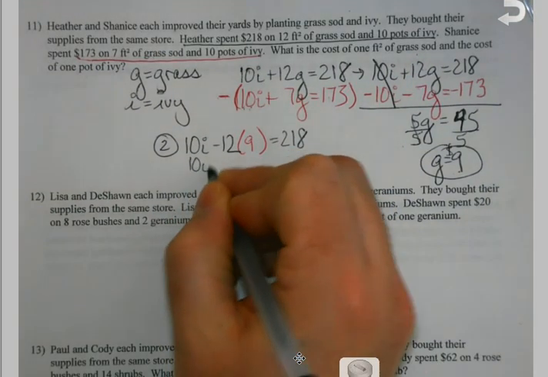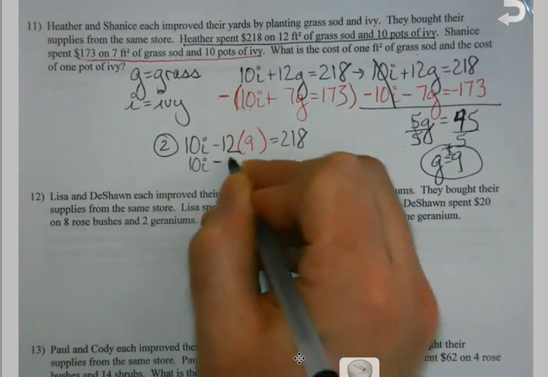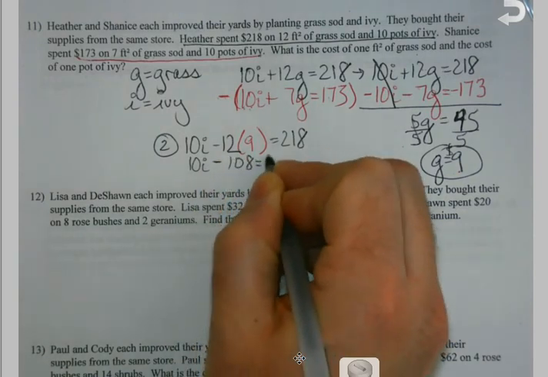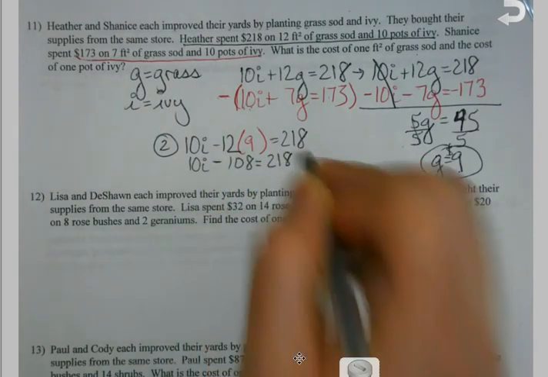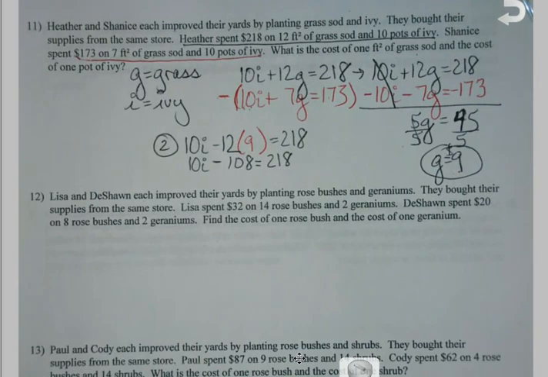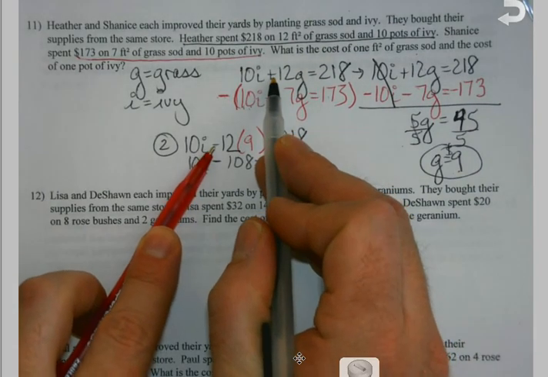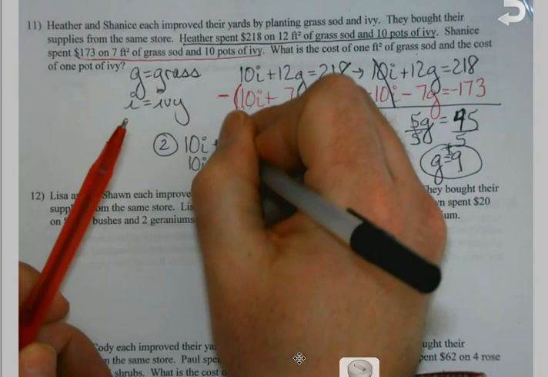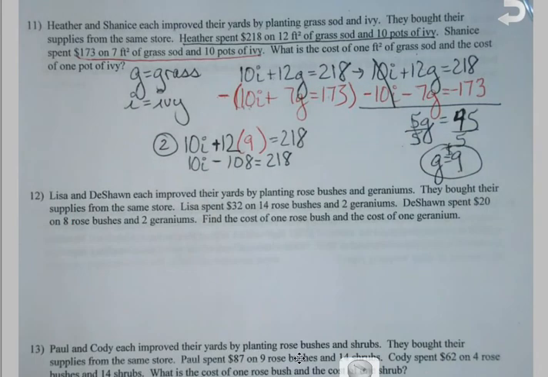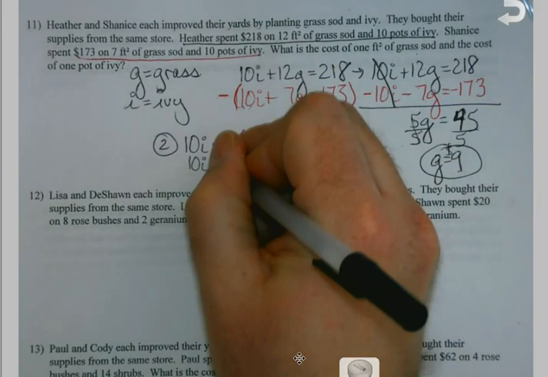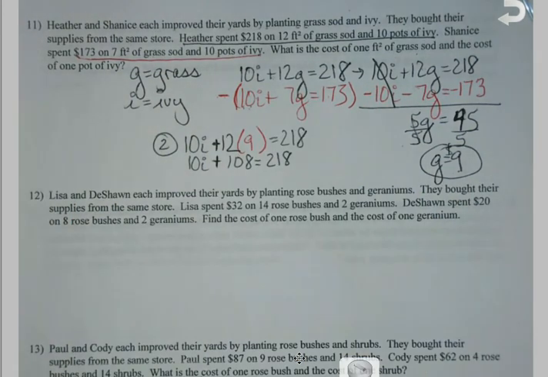So let's see here. Oops, what did I do goofy? See, this is where I gotta be careful. I'm sitting here going, wait a minute, that said plus, I turned it into minus all of a sudden. I can't do that. That would have messed me all up. Because then I'd have added instead of subtracting. This would have gotten really pricey.